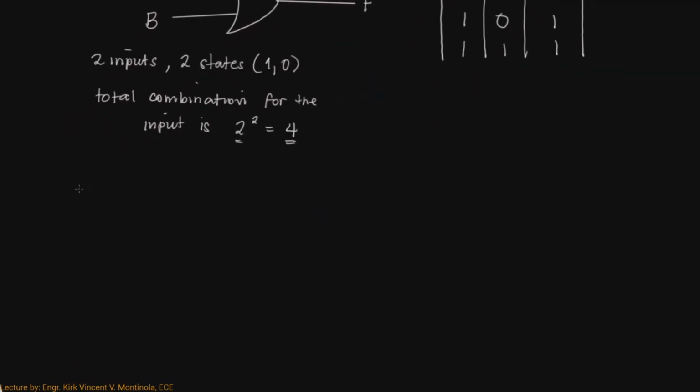Then after the OR gate, we have the AND gate. What is an AND gate? The IC for the AND gate can be bought as 7408.